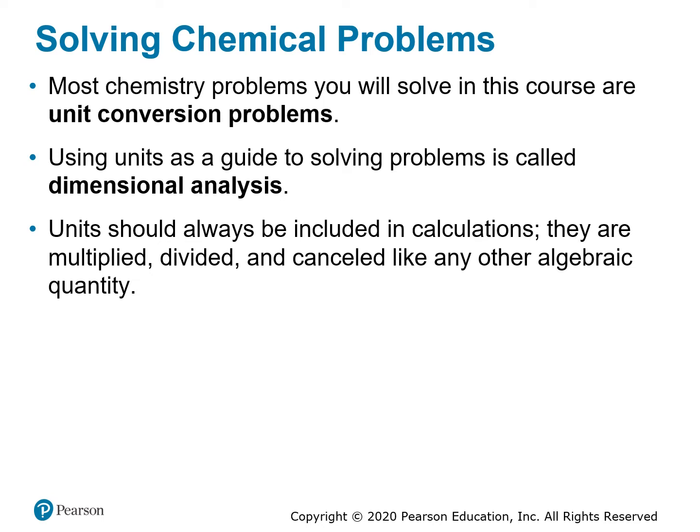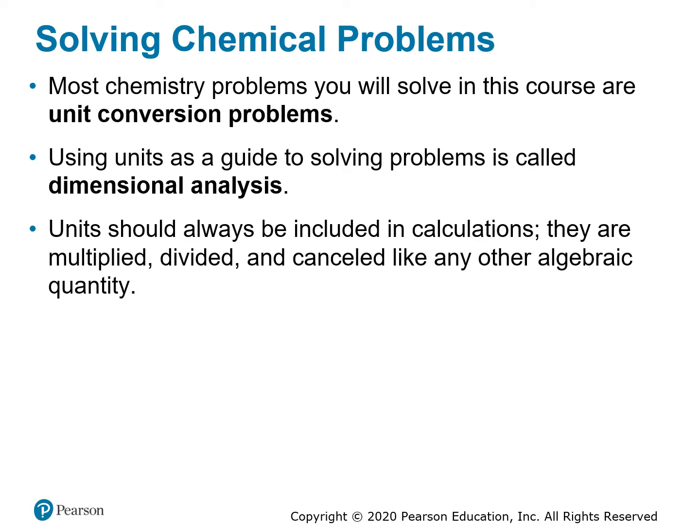In chemistry you have problems where you will use mathematical operations and equations to solve big questions. Most chemistry problems you will solve in this course are unit conversion problems, and using those units as a guide you will solve problems.